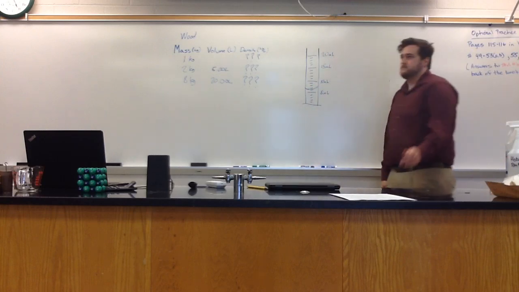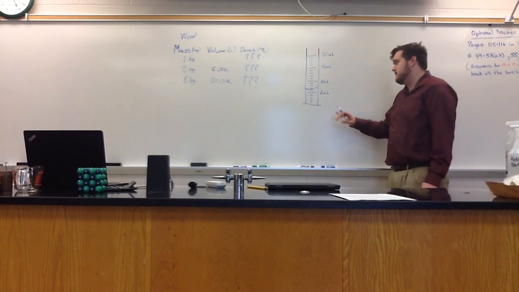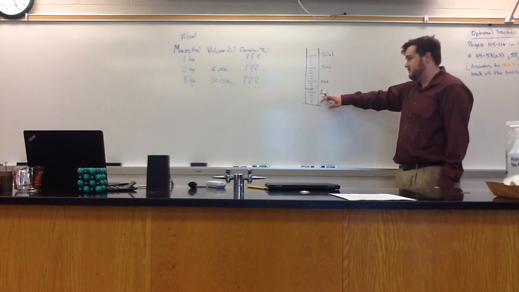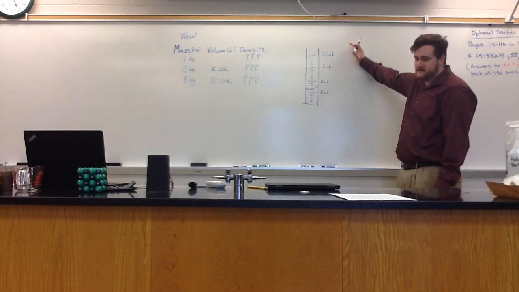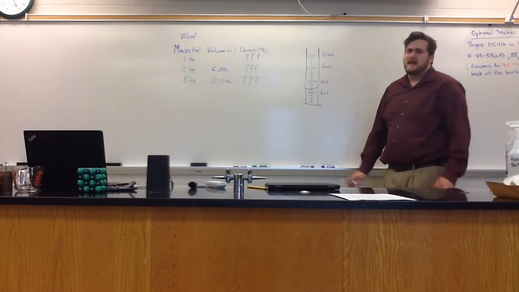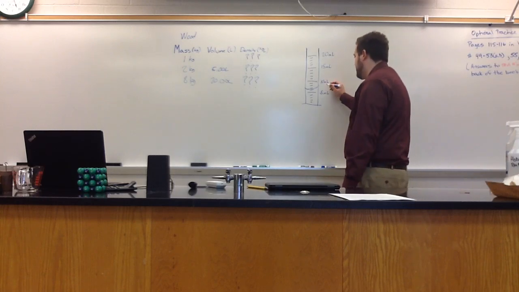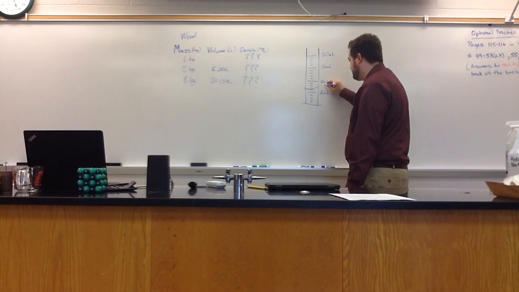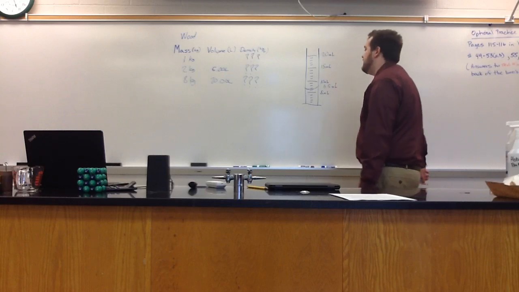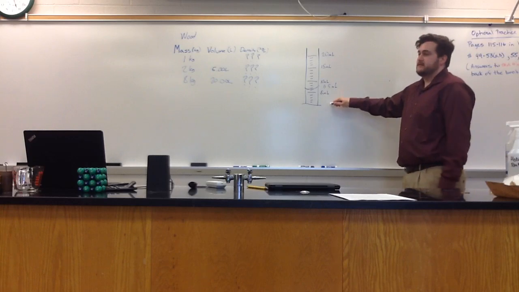This graduated cylinder measures by milliliters, so 1 milliliter, 2, 3, 4, 5, etc. With the meniscus in the middle here, it's somewhere between 6 and 7. So I'm going to say this measurement is 6.5 milliliters.